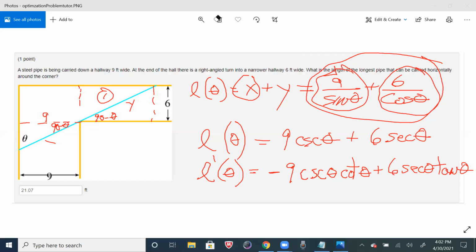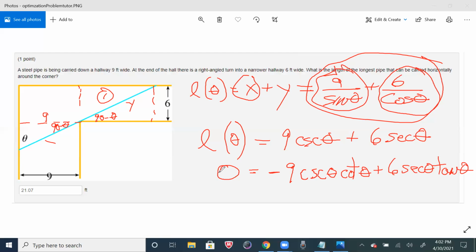And now what I want to do is set this equal to 0. All right. Now, the question is, can we solve this? Let's see. What is the length of the pipe?